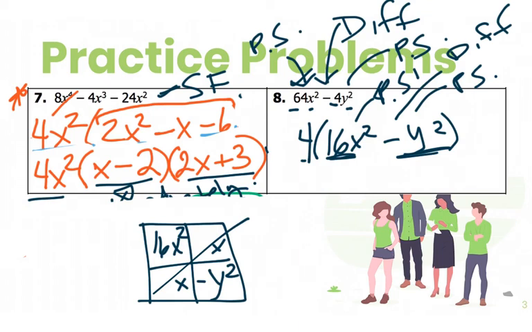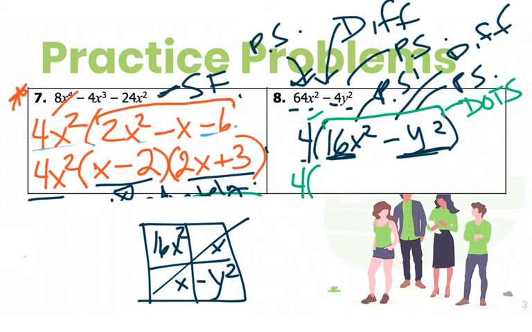All right, so the GCF, that's by itself outside of parentheses, that is factored completely there, right? Now, inside, I can do my difference of two squares.